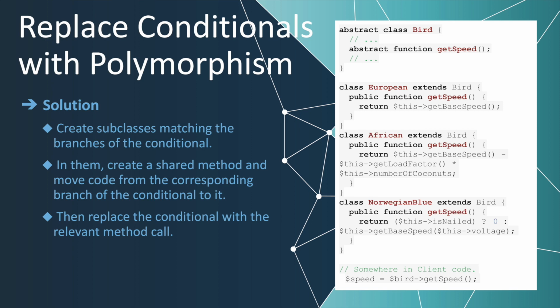The bird would be the abstract class over here, and the subclasses would be European, African, and Norwegian. That way you could just define the bird subclass and get speed, and the abstract method would work for you. So this would be an example of abstraction as well, polymorphism, and refactoring in terms of managing your conditionals with polymorphism.